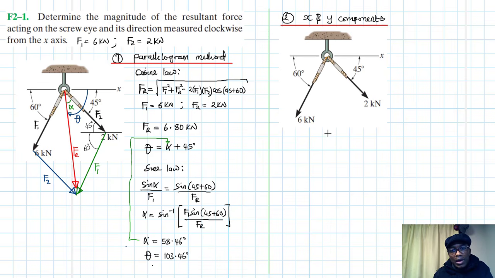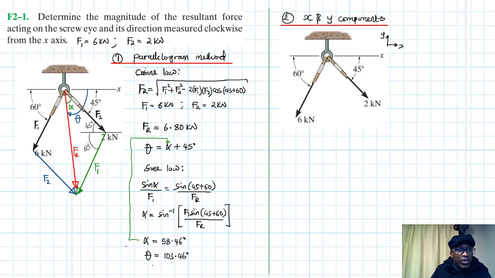this is our coordinate system. Our coordinate system is as follows: x positive and y positive, like that. So let's draw the components.